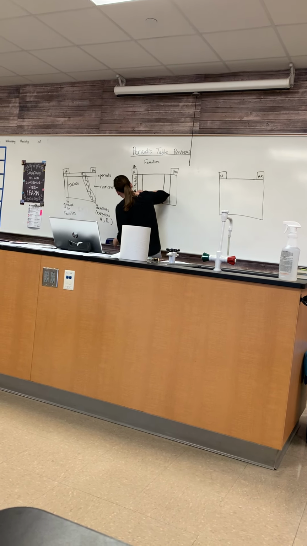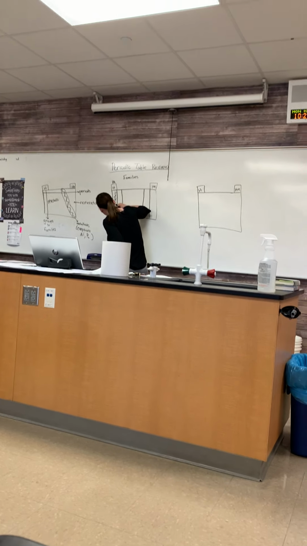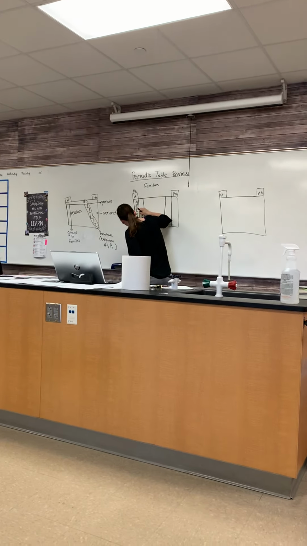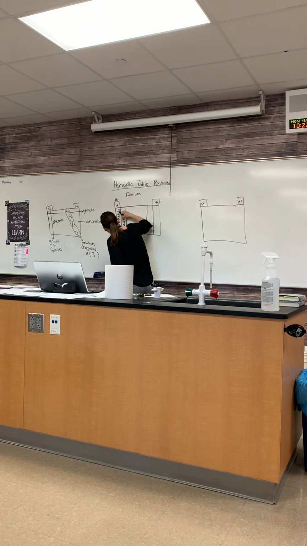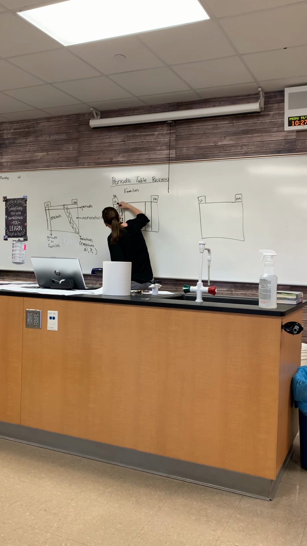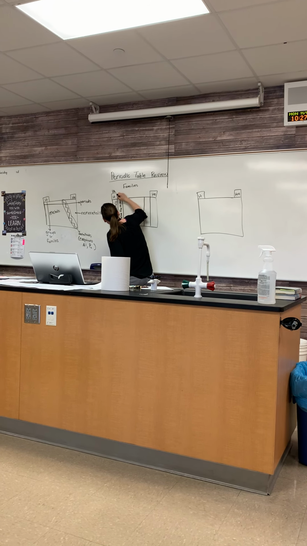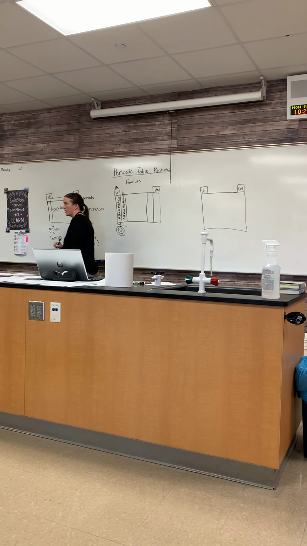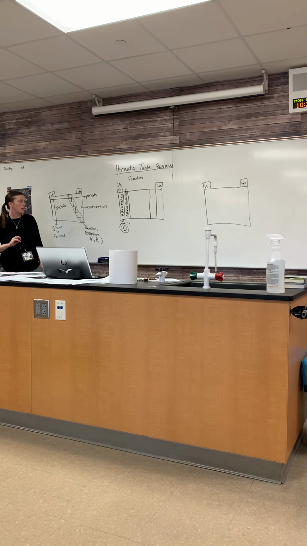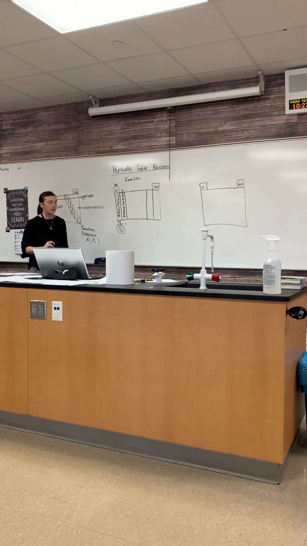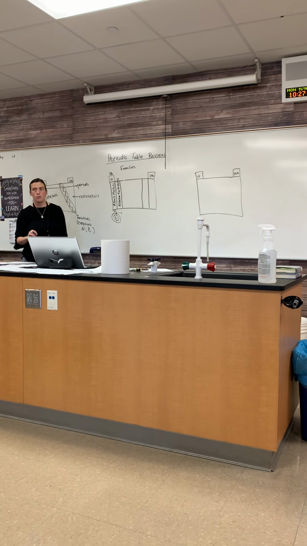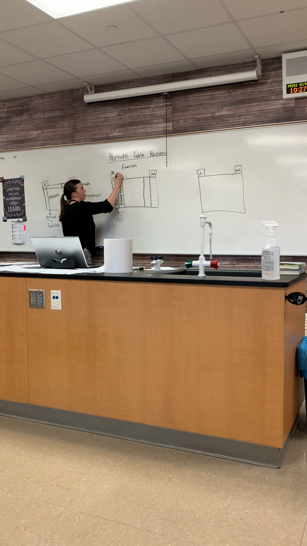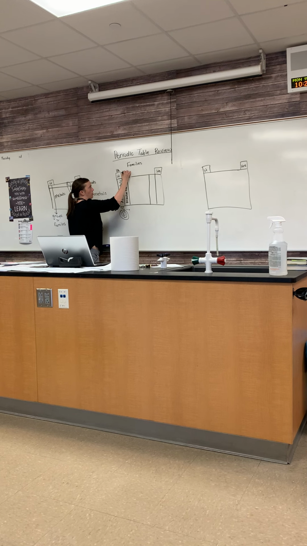The next family that we have is the alkaline earth metals. And this is group 2A, so the next group over.